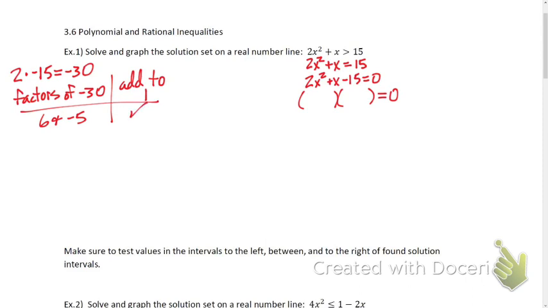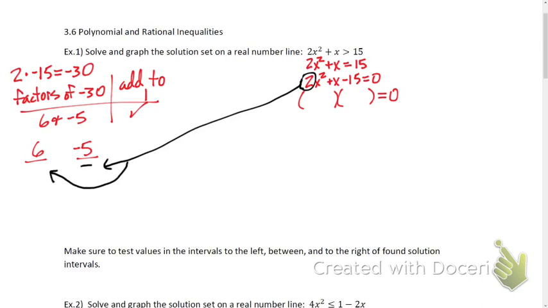Okay. So you write your two numbers as a fraction, and you put the very front number from the original polynomial under that fraction as the denominator. So I'm going to take that 2, and I'm going to write it right here and right there. Reduce if you can.